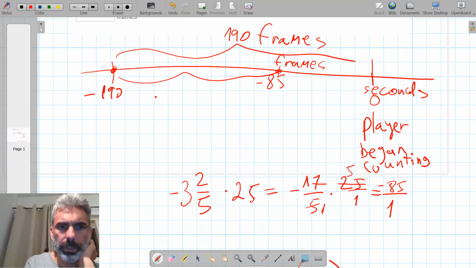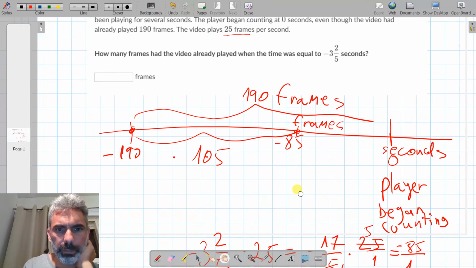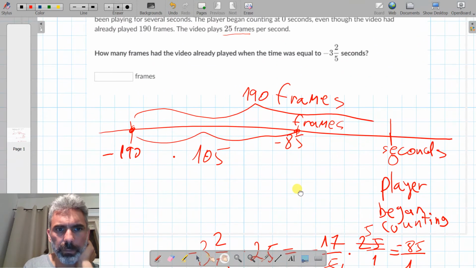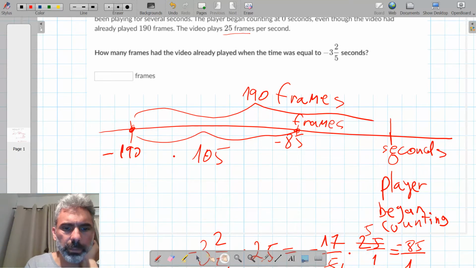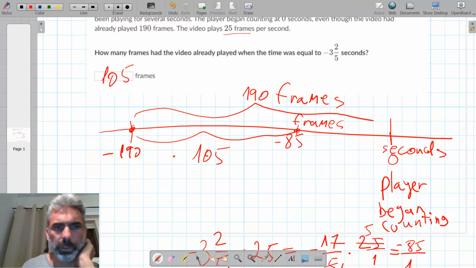So this part here is 105. The distance from 190 to 85 is 105. So this is the number of frames that the video had already played.